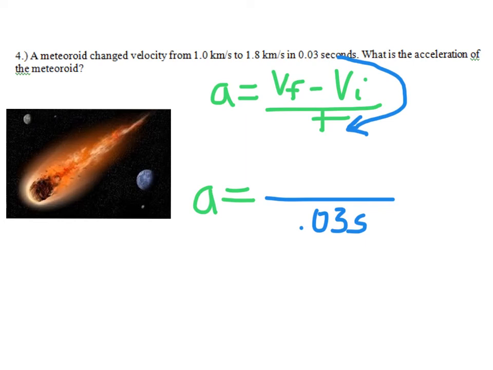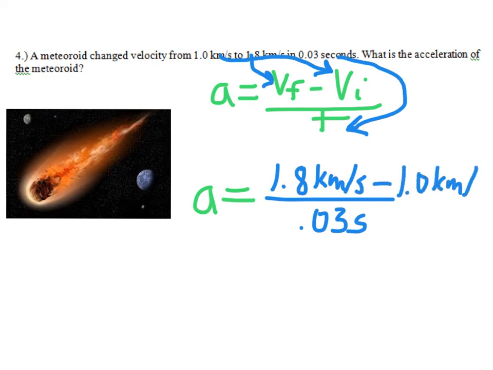Then it says the meteoroid changed velocity from 1.0 to 1.8. So 1.0 was my initial or starting, and 1.8 was my final. So I'm going to write 1.8 km/s minus 1.0 km/s.